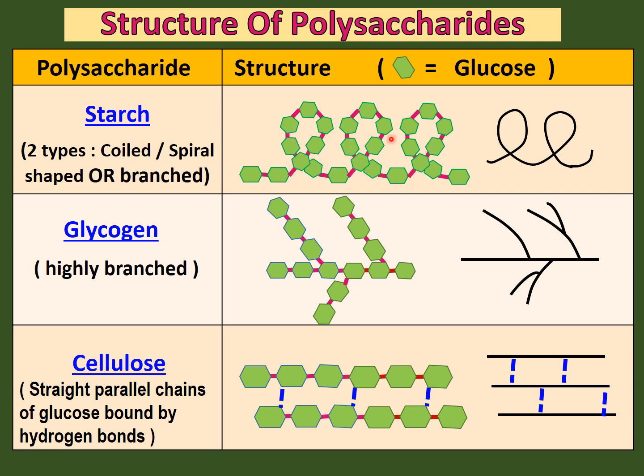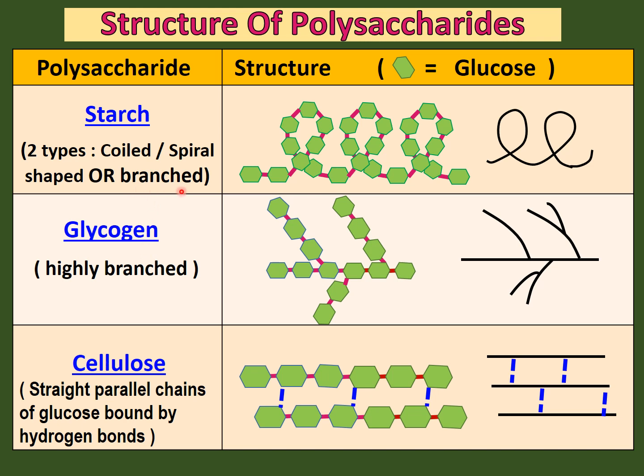One type of starch molecule has this coiled shape like a spring, so it can be tightly coiled up in the cell as a storage compound. As a food reserve, it is easily coiled up in the cell and doesn't take up much space. So it's suitable as a storage compound.